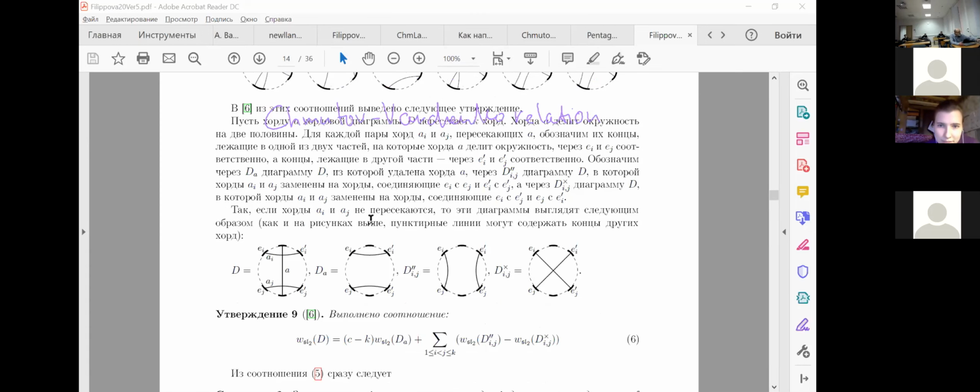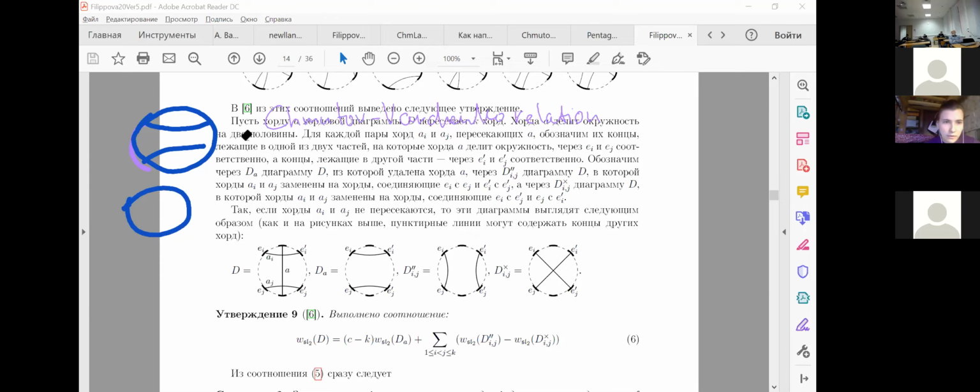We have two chords arranged like this or like this, and we have a third chord, and we want to delete it. And so we have another three diagrams. We have a diagram with this chord just deleted.